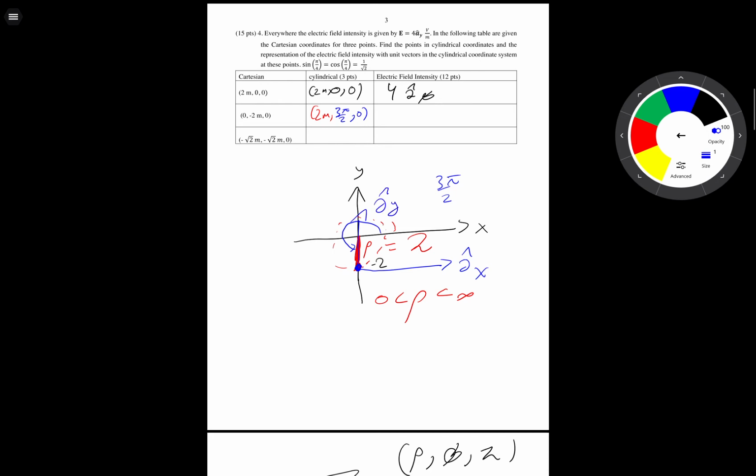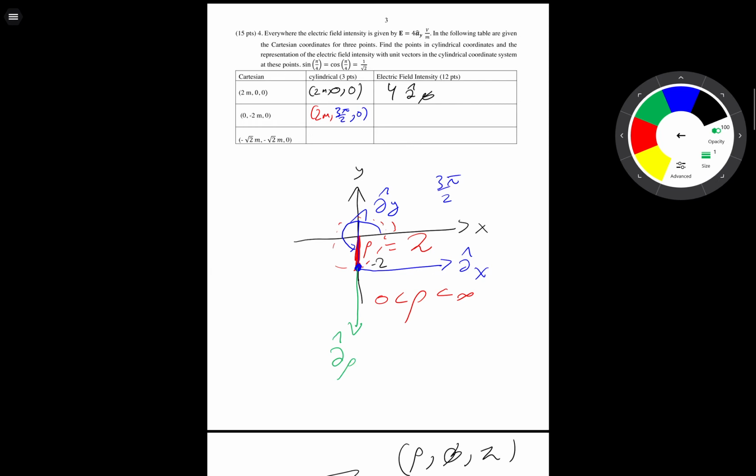And now for our cylindrical, we know that rho is coming over here to this point. So our unit vector for rho is going to be over here, where rho has the potential to increase. It's going to be a of rho over here.